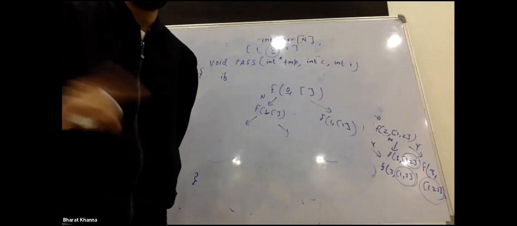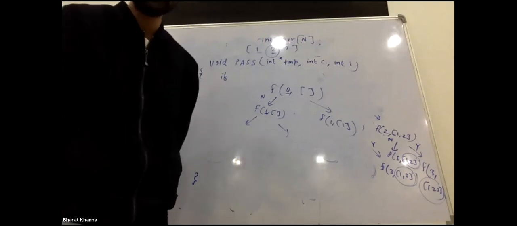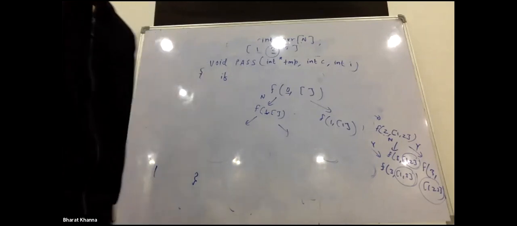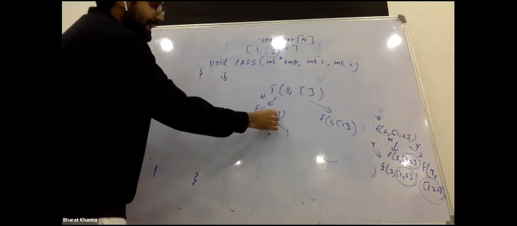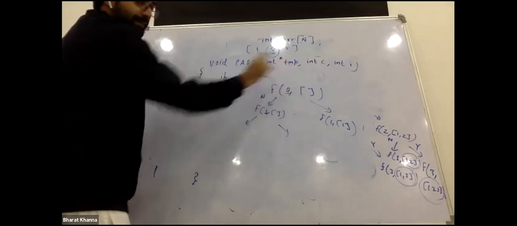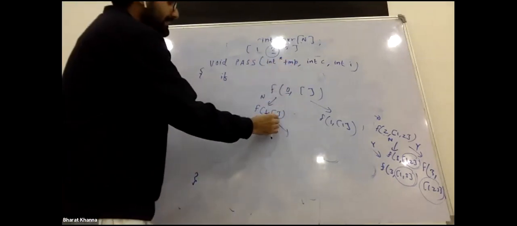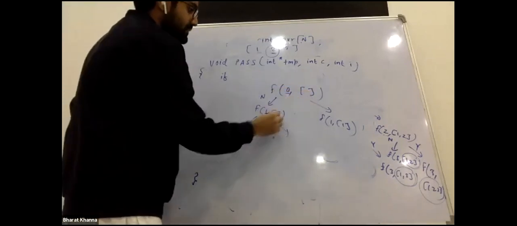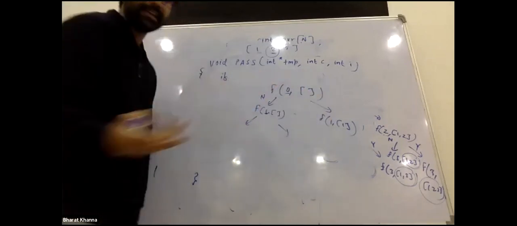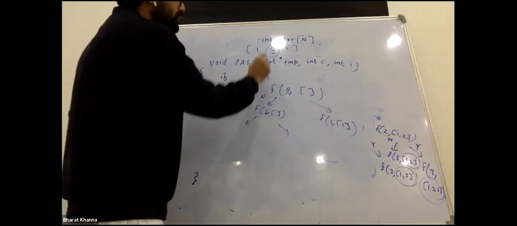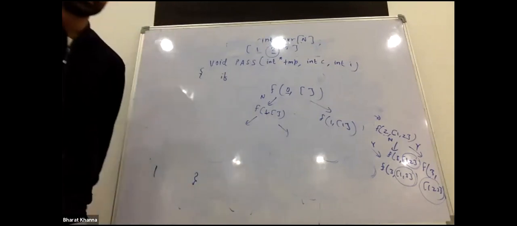Count is different, and this i is different. Count is the size of this temporary array. I had not taken count in the original diagram because the size itself was evident while drawing. But here we need an i to be able to figure out which index I am currently interested in.